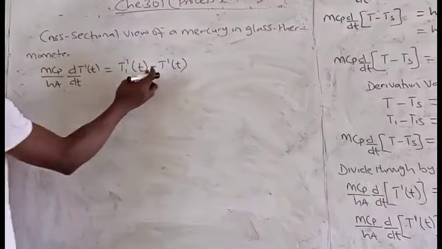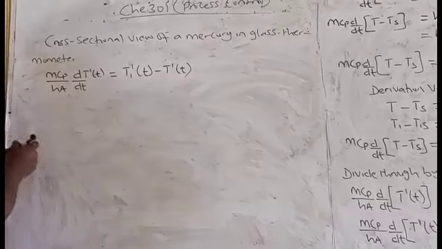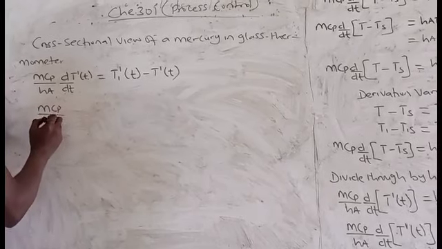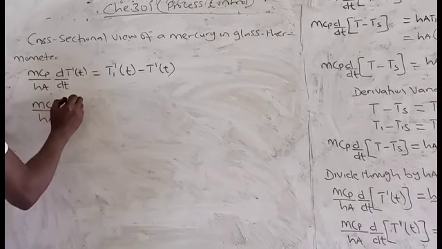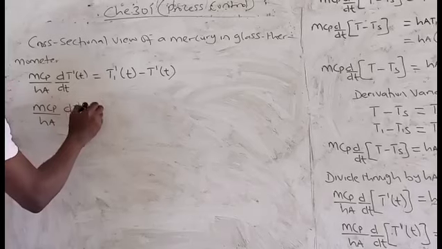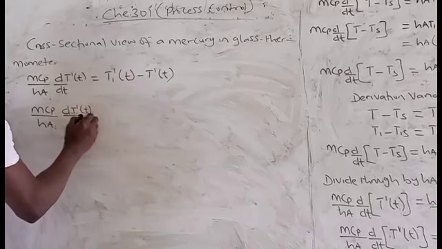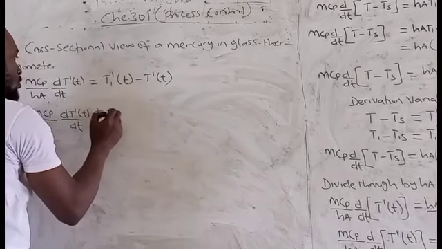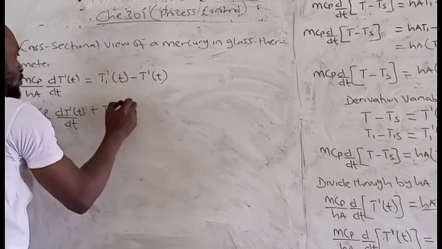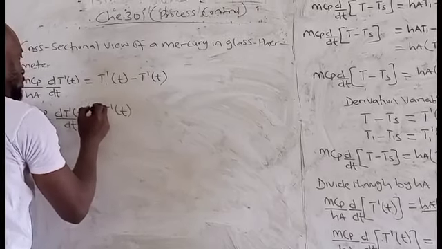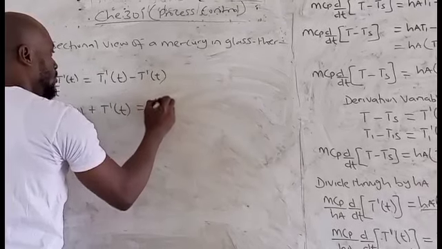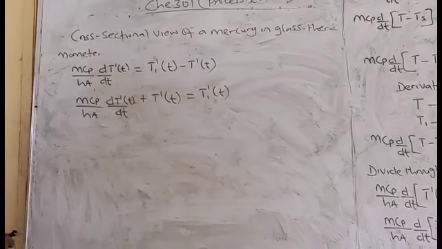But meanwhile, this one is minus T prime of t. If you bring it here, you're going to have MCp over Ha times dT prime of t over dt. Then this minus T prime of t comes here and becomes plus T prime of t. So here becomes is equal to T1 prime of t.